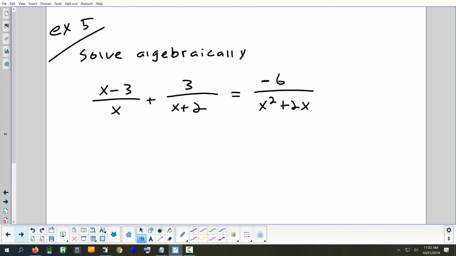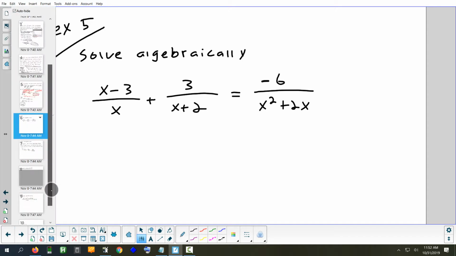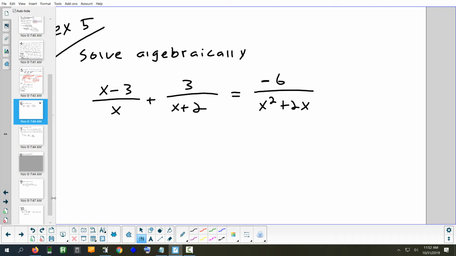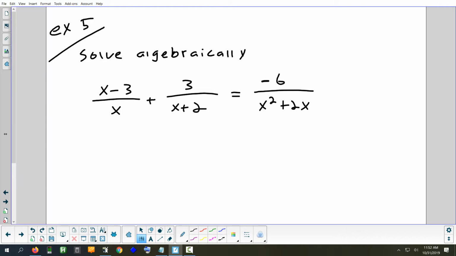Okay, let's try this one. How about Brandon? How does this right-hand side factor? I can pull out an x. And now, Kaya, how many different factors do I have in the bottom? 2.